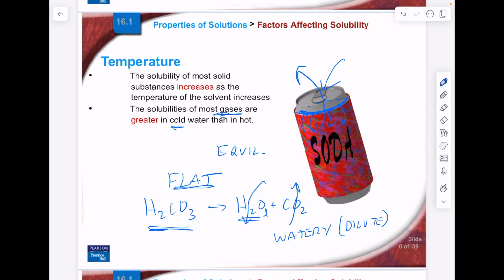Therefore, they are able to escape whatever intermolecular forces of attraction there might be between the gases and the soda. They can break through the surface tension at the top of the soda and escape into the atmosphere. They are now free from those intermolecular forces.